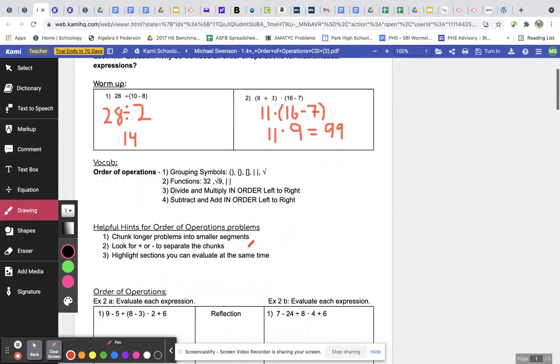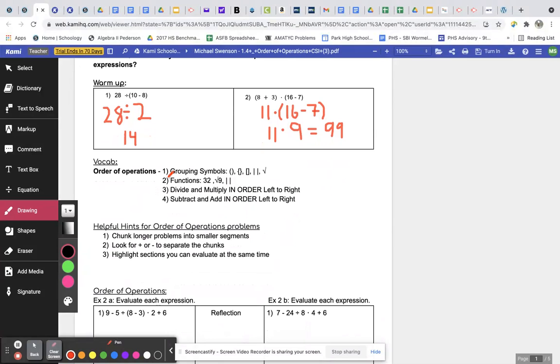Okay, looking at the order of operations, we're going to do the grouping symbols first. Grouping symbols are any parentheses, any brackets, absolute values, anything like that. So anytime you see a parentheses or grouping symbol, you're going to do that first.